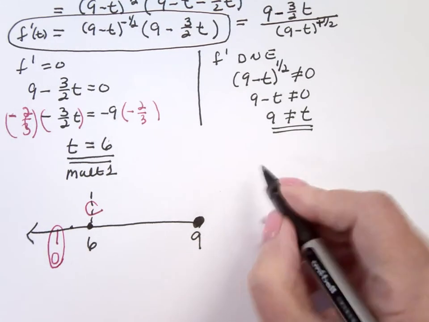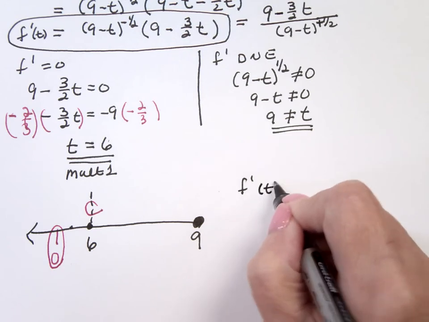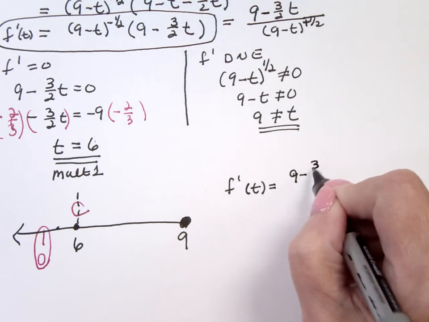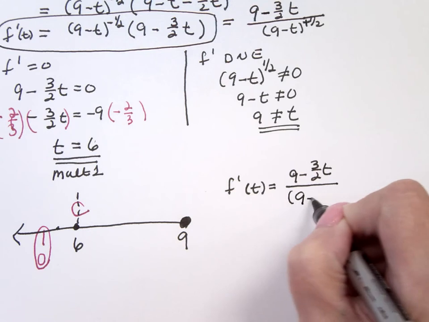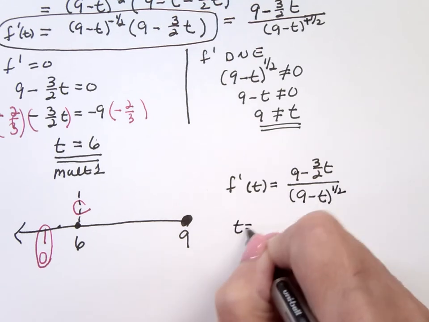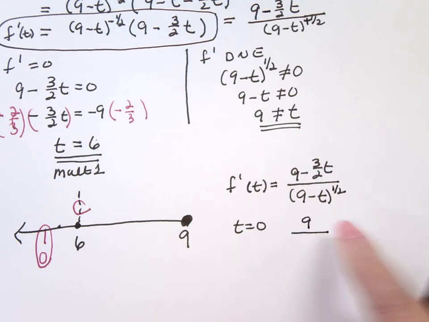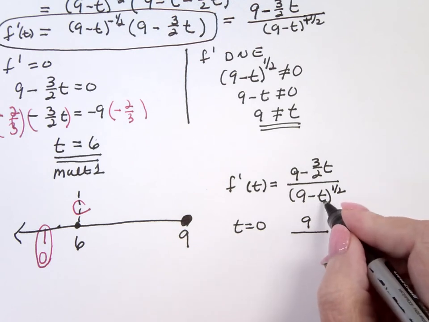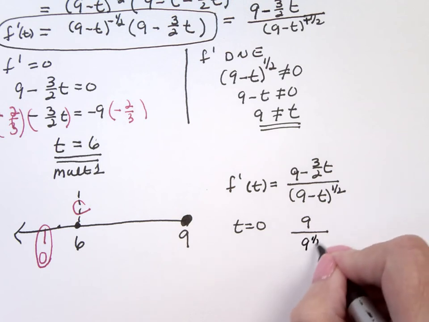So I look at f prime of t being equal to 9 minus 3/2 t over (9 minus t) to the 1/2. So if t equals 0, I've got 9 in the numerator, and 9 minus 0 is 9, and I've got 9 to the 1/2 in the denominator.